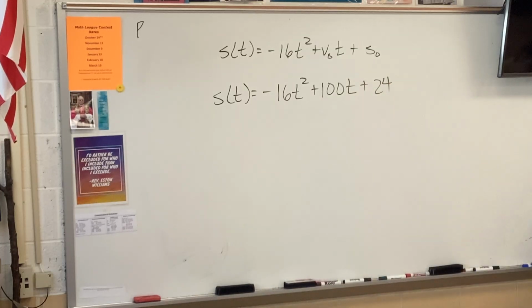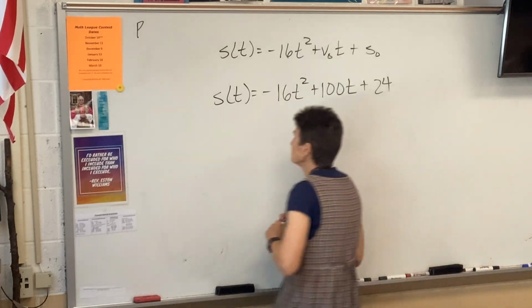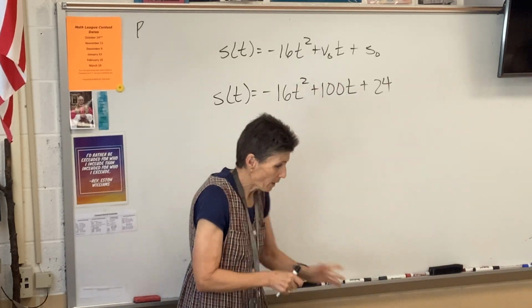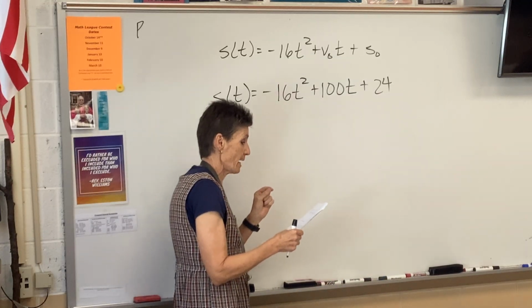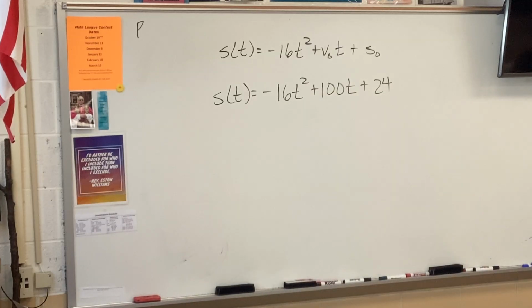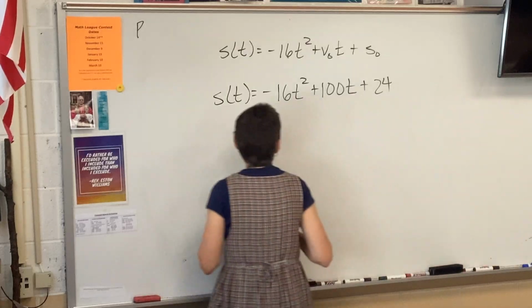Oh wait, I forgot my other terms. Okay. So what's the question? This is number 4 on the review sheet. When will the height above the ground be at least 50 feet?